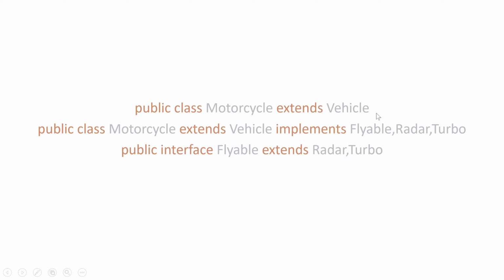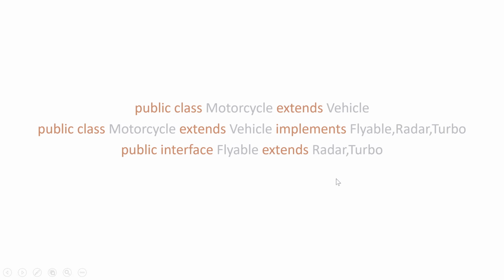In opposite, it is not allowed to extend many classes. We can only extend one class at a time. And we can make an interface, flyable in this case, extend other interfaces. This is allowed, and you can extend many interfaces at a time separated by a comma.